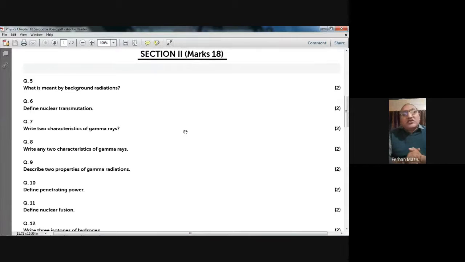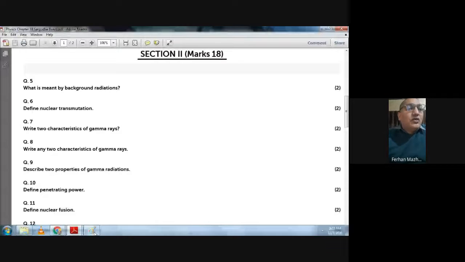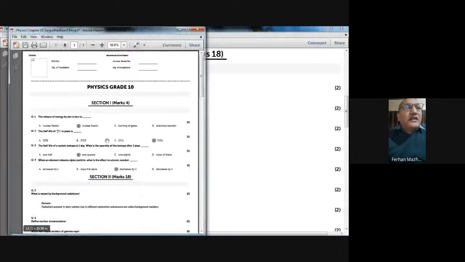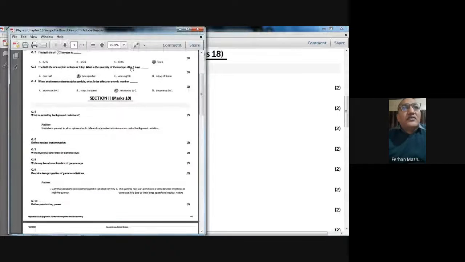Okay. So first question, these are short questions, 2-mark questions. What is meant by background radiation? It's a 2-mark question, and you have to write it also. The good thing is I have the answers also. Let me show you.